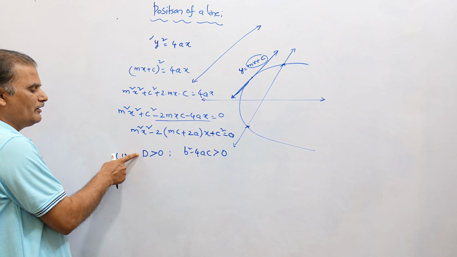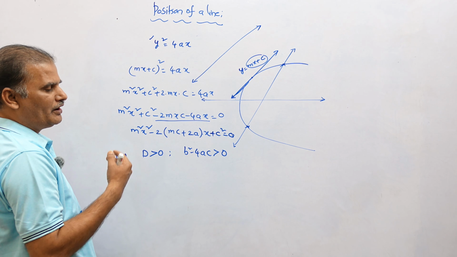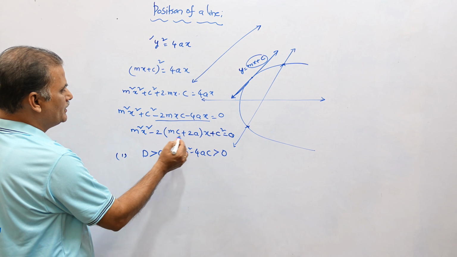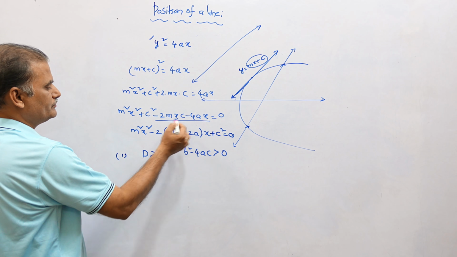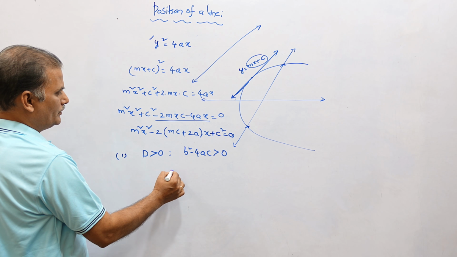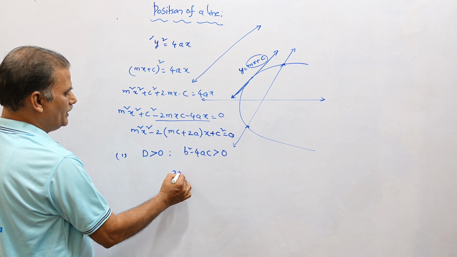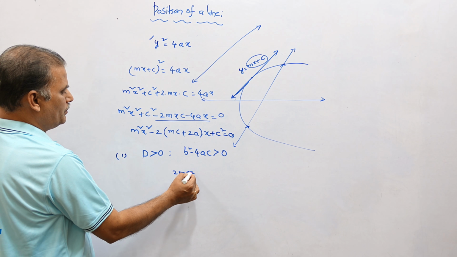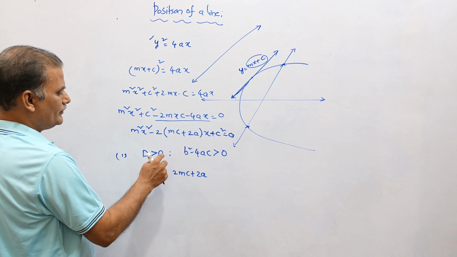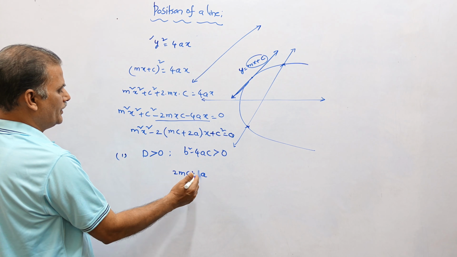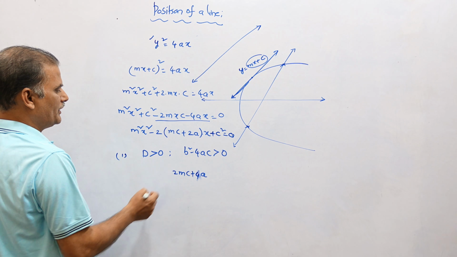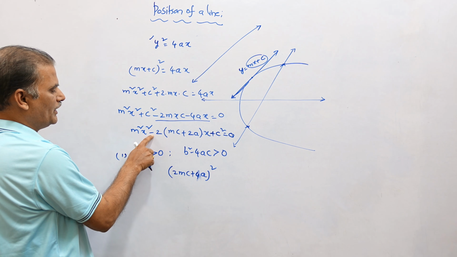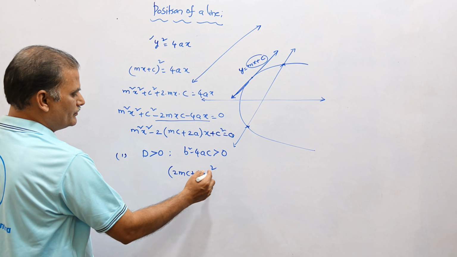If I solve the first, second and third cases, I usually take that formula. Here b means the x coefficient, that means 2mc minus 4a, whole square, because even if you take negative, the square is positive.